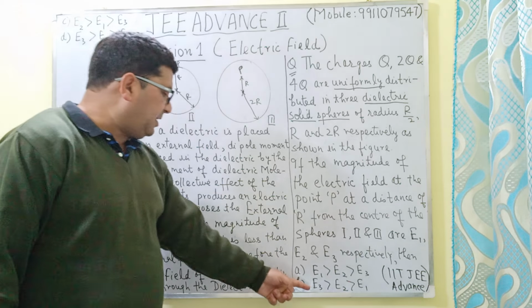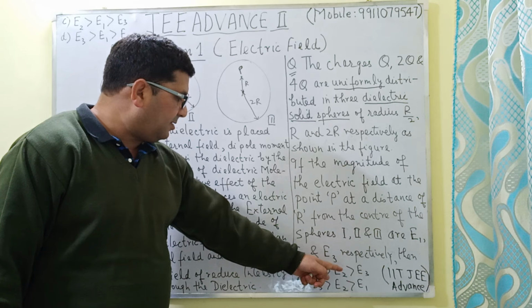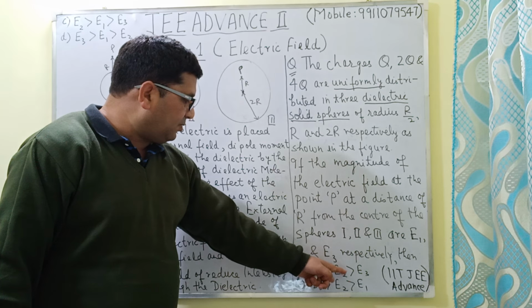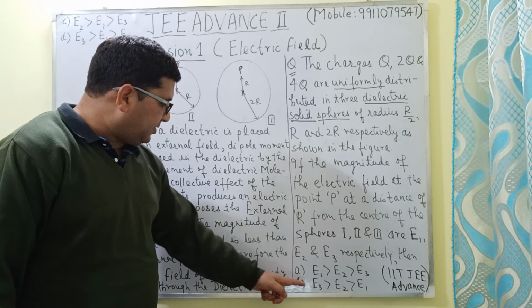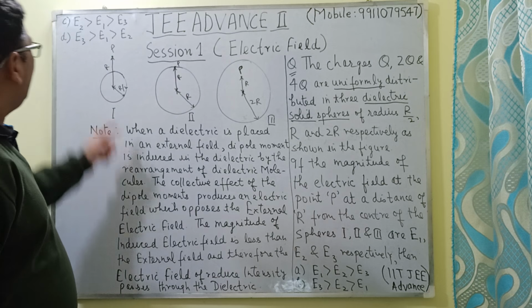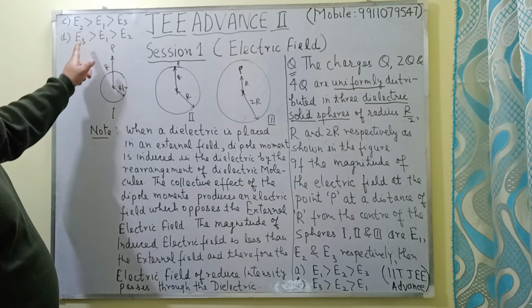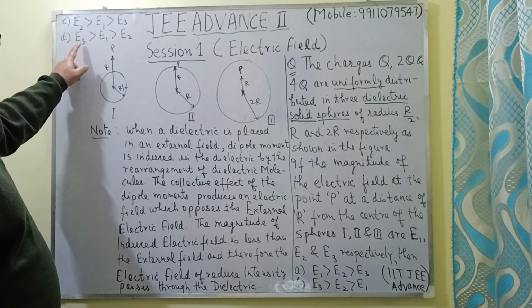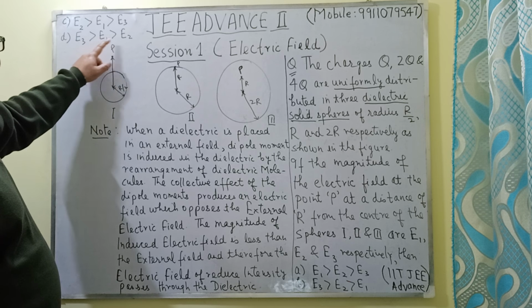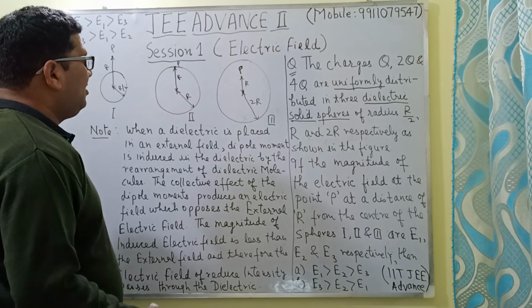The alternatives are: E1 is greater than E2 and E2 is greater than E3; E3 is greater than E2 and E2 is greater than E1; E2 is greater than E1 and E1 is greater than E3; and the fourth option is E3 is greater than E1 and E1 is greater than E2. So there are four options here and we have to find the correct one.